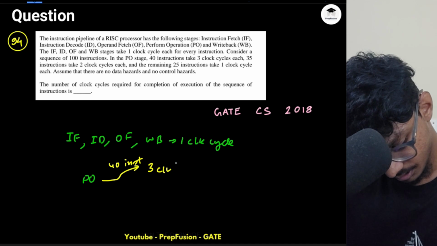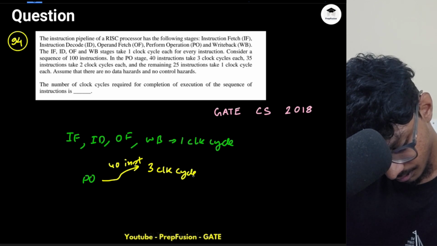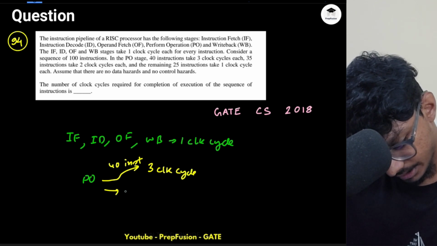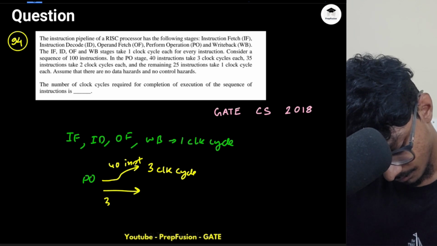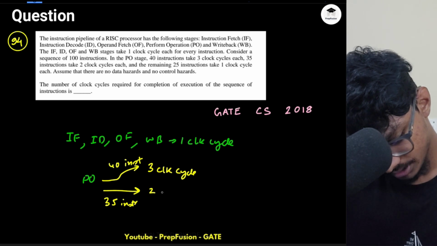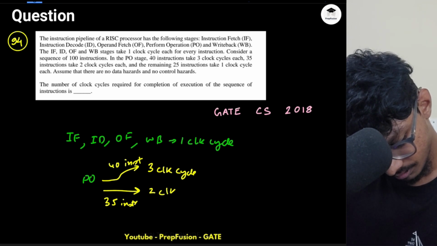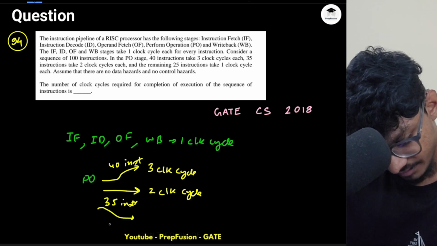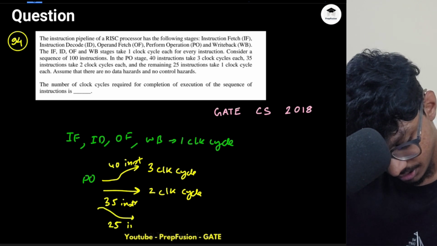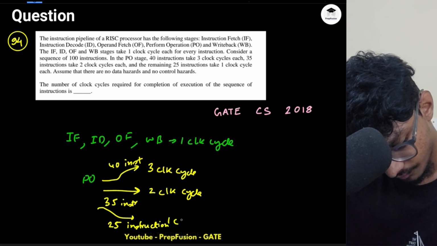Then I have 35 instructions that take 2 clock cycles. And I have the remaining 25 instructions which only take 1 clock cycle.